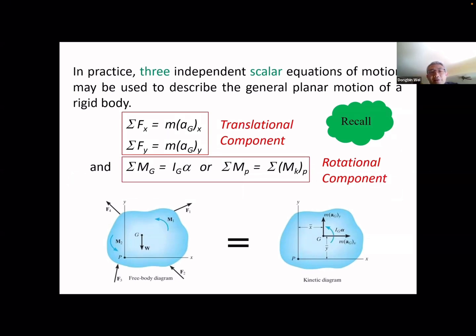For the translational component, if we use the x, y coordinate system, we have x and y, two components. But for the rotational component, this calculation can be about the mass center point G, but can be about any other points if that point can give you convenience.